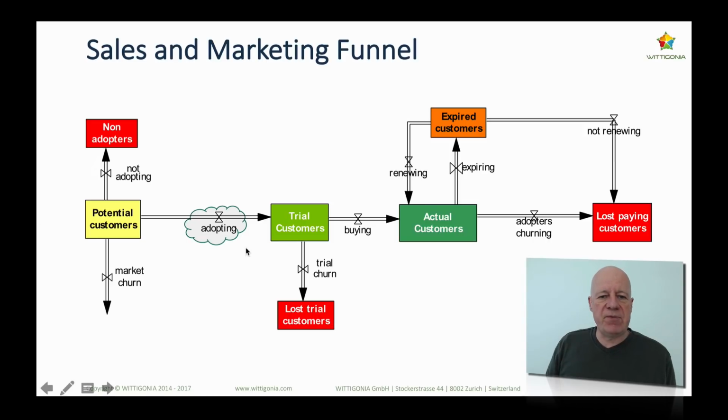So we will simplify that here by simply showing the adoption process, as I explained it before. And then customers eventually, the contracts or subscriptions are expiring and they have to renew again, or we're losing the customers for any reason. So we could lose paying customers, we could lose trial customers, or even potential customers at the top end of the funnel.